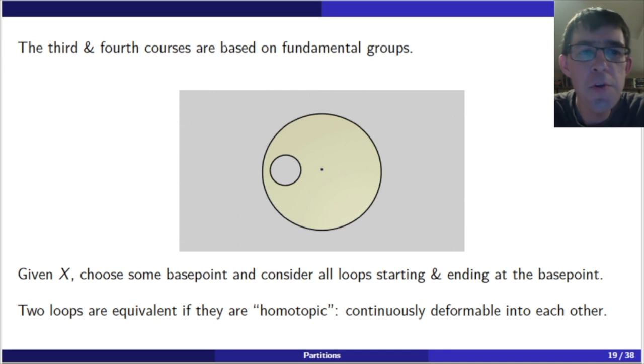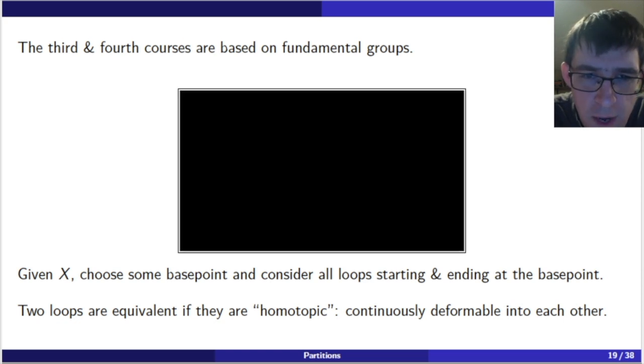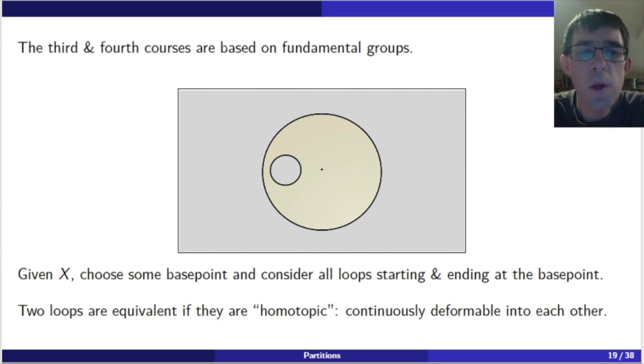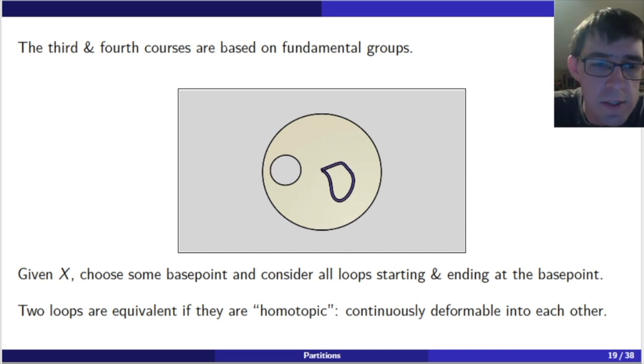All right, the third and the fourth courses are based on fundamental groups. This is a topological thing, which I know some of you know quite a bit about, but I'll just review briefly. This is a video here. I figured out how to include a video in my Beamer document. So the fundamental group is all about loops in your space.